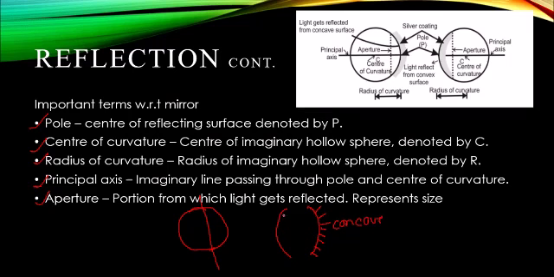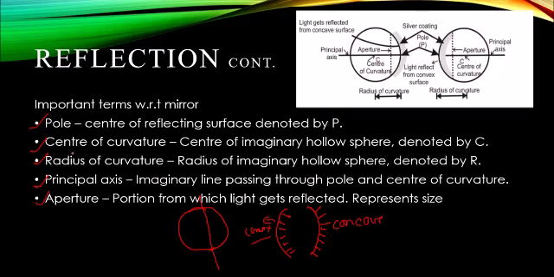And when the outer side is polished, the mirror is formed on the outer surface and it is known as convex. We will study the terms we use while studying image formation in convex and concave mirrors. These terms are used in both mirrors.